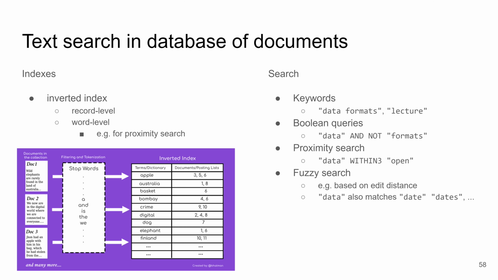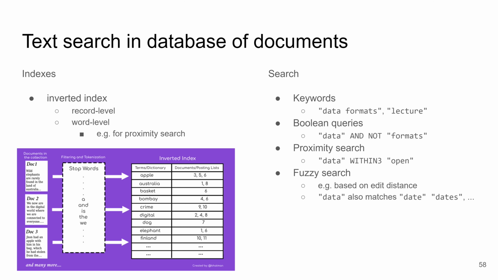Example in the right-hand side of the slide is the third one, proximity search, where we search for the word data, and within the neighborhood of data, within 3 words, we want to also see the word open. So if you want to use an index for this method, then we need a word level index for that.